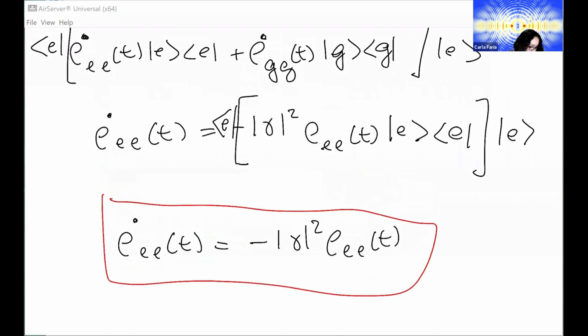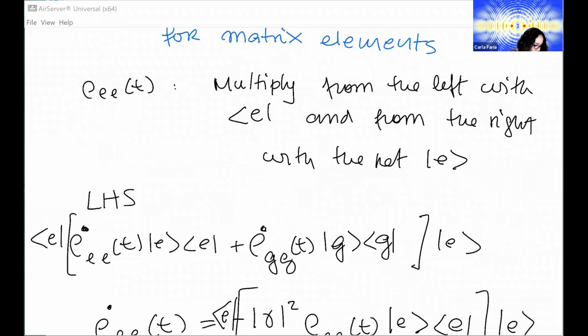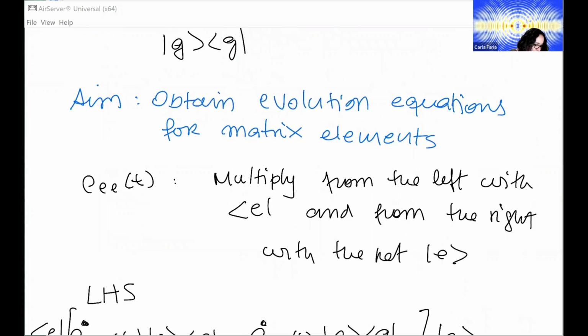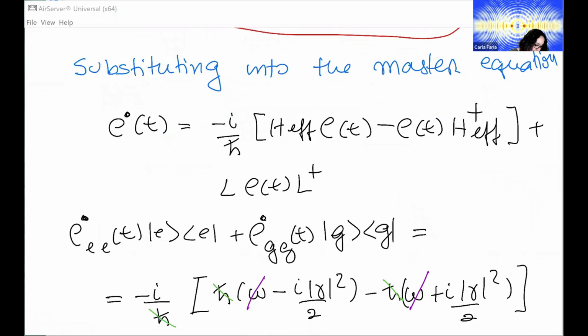Now we want to release this other coefficient here. Remember that we have these two projectors, which is related to the probability of it being in the ground state. Okay, so we're going to do that.